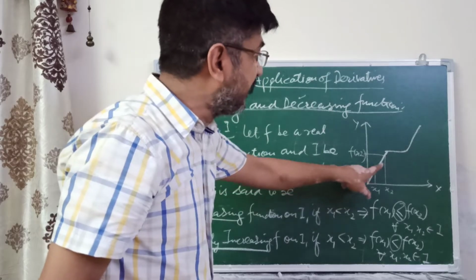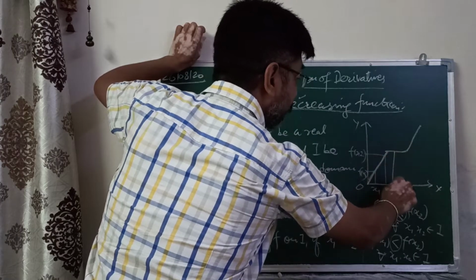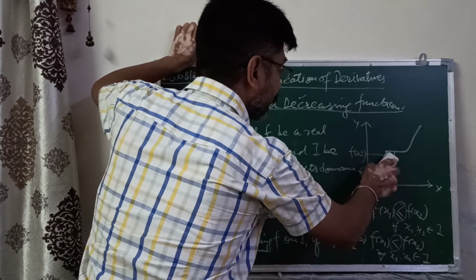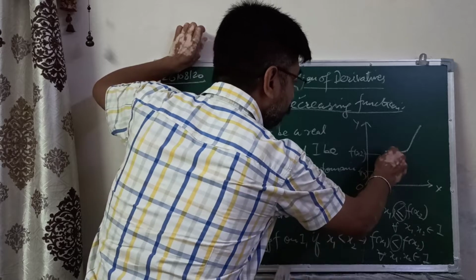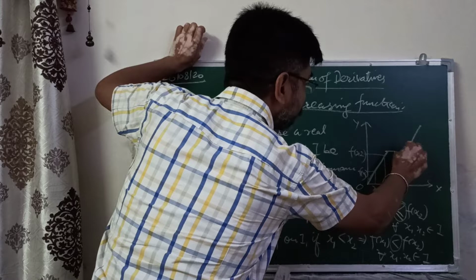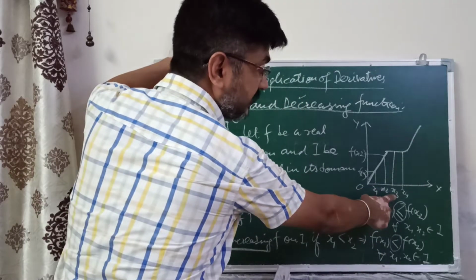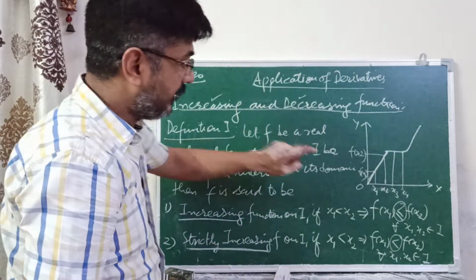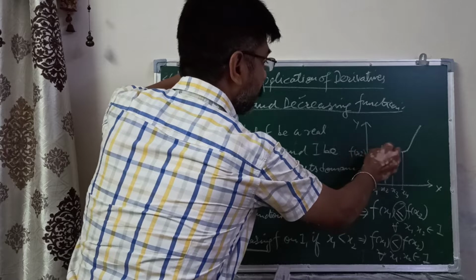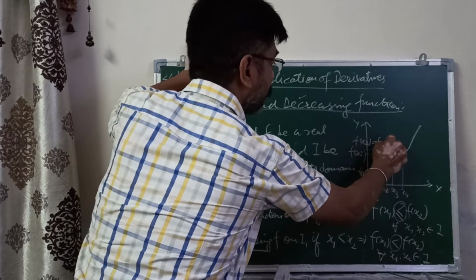It is an increasing function. But in this case here, if I take x1, x2 here, let it be x1, x2, I will take x3 and x4. Now x3 is smaller than x4, but what about fx3 and fx4? fx3 equals fx4.